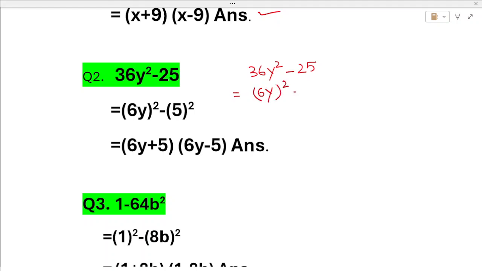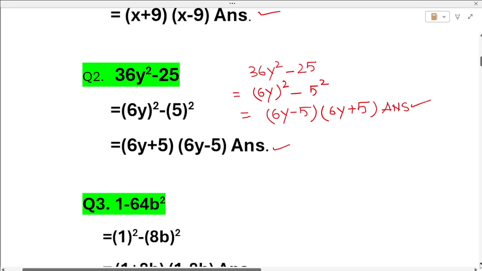So 36y square is the square of 6y, and 25 is the square of 5, correct? Now we need to express it as the product of sum and difference. This is the difference, and this is the sum, 6y plus 5. So the answer is as you can see here also.